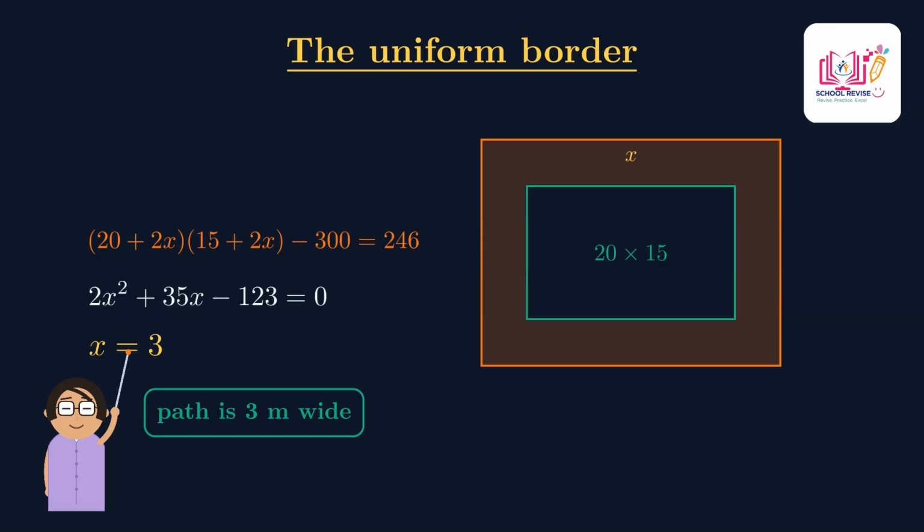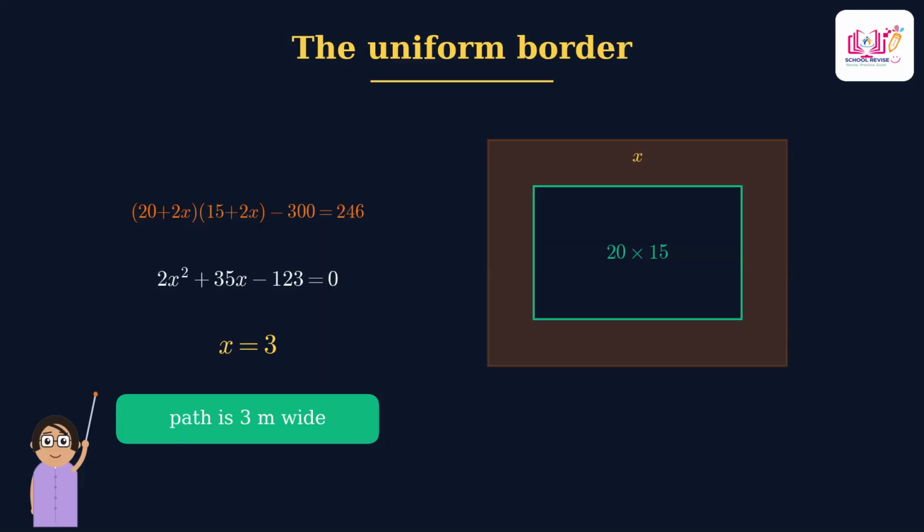The path's area is the big rectangle minus the lawn. Set that equal to the area we are given, simplify, and once again, a quadratic. Solve it, throw away the impossible answer, and the path turns out to be 3 meters wide. Same tool, brand new disguise.